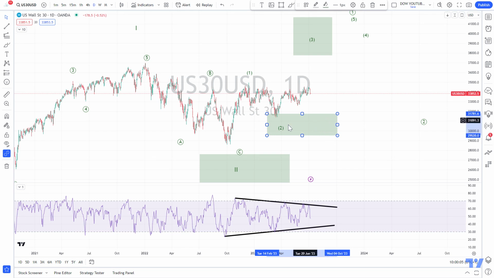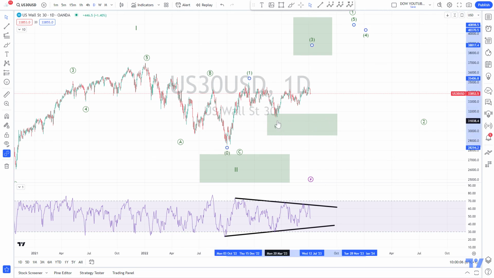If we would pull back, if the wave 2 is not finished here, but if we pull back deeper as a wave 2, then as an investor, I would buy again. If we do not pull back and you are already long, then this is the area where I should take profit as an investor.